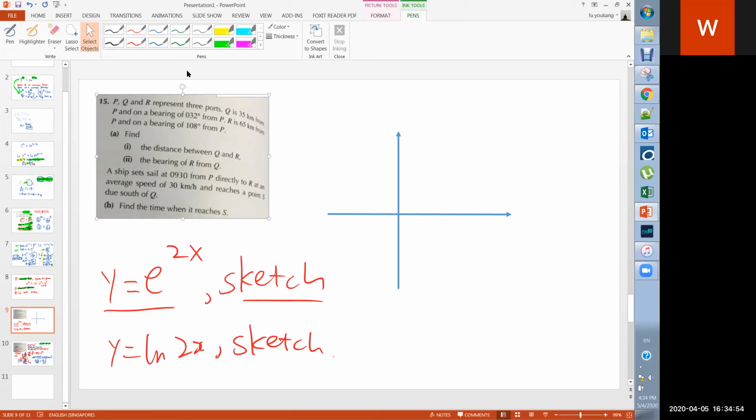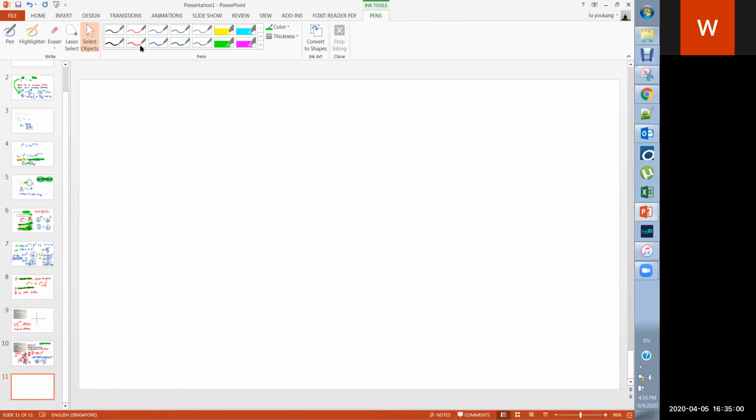Okay, just to give you a summary of triangles. There are only a few types. Let's talk about triangles. One of them is right angle triangles, and the other one is any triangle.